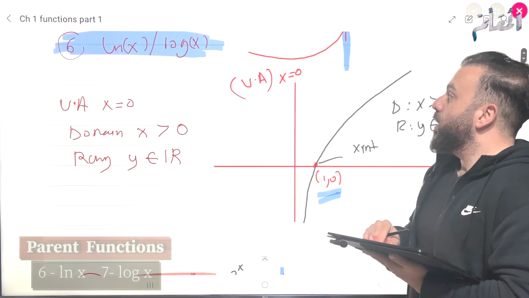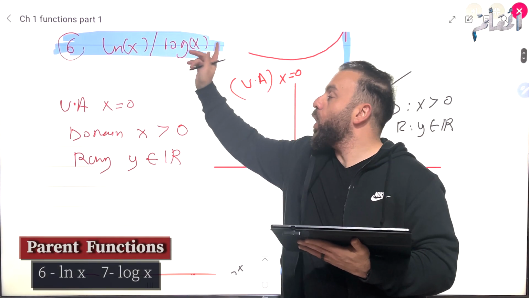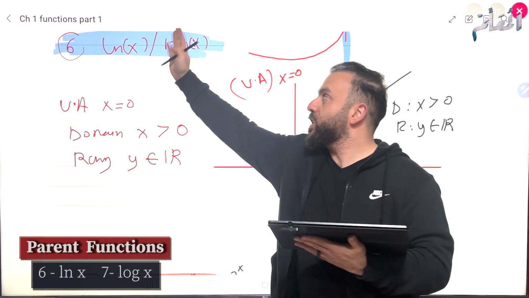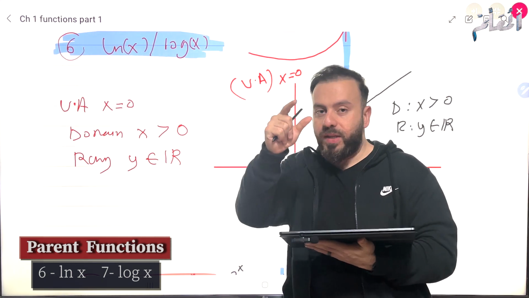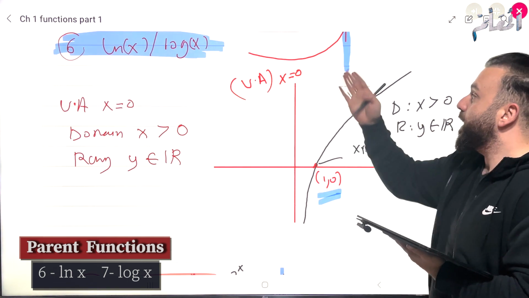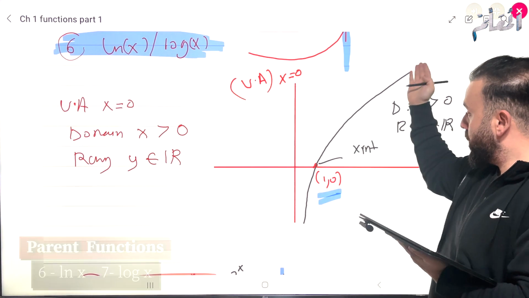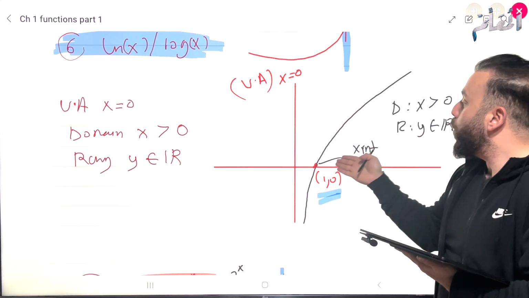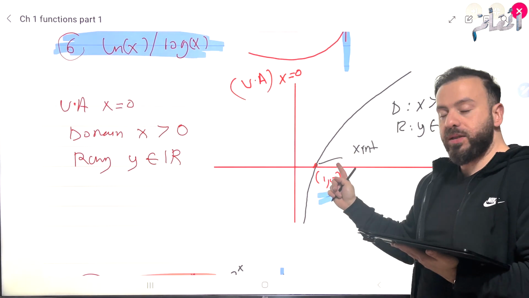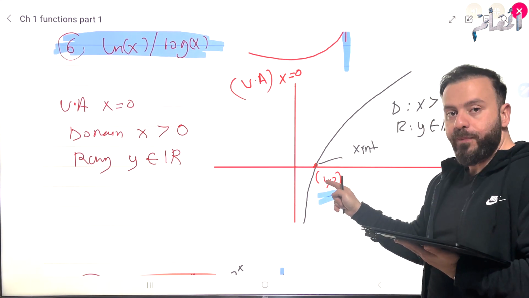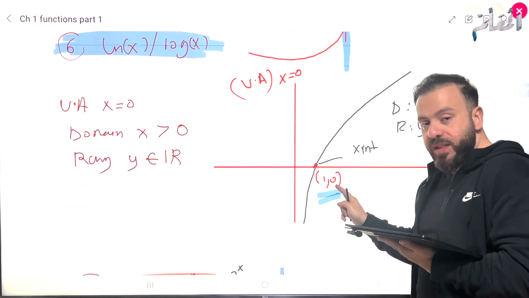And the next. Here we go. ln x and log x. ln x is log base e, so both of them have the same graph. And check this: this is the curve itself. We have the first point, the x-intercept, which means log 1 or ln 1 gets me 0.